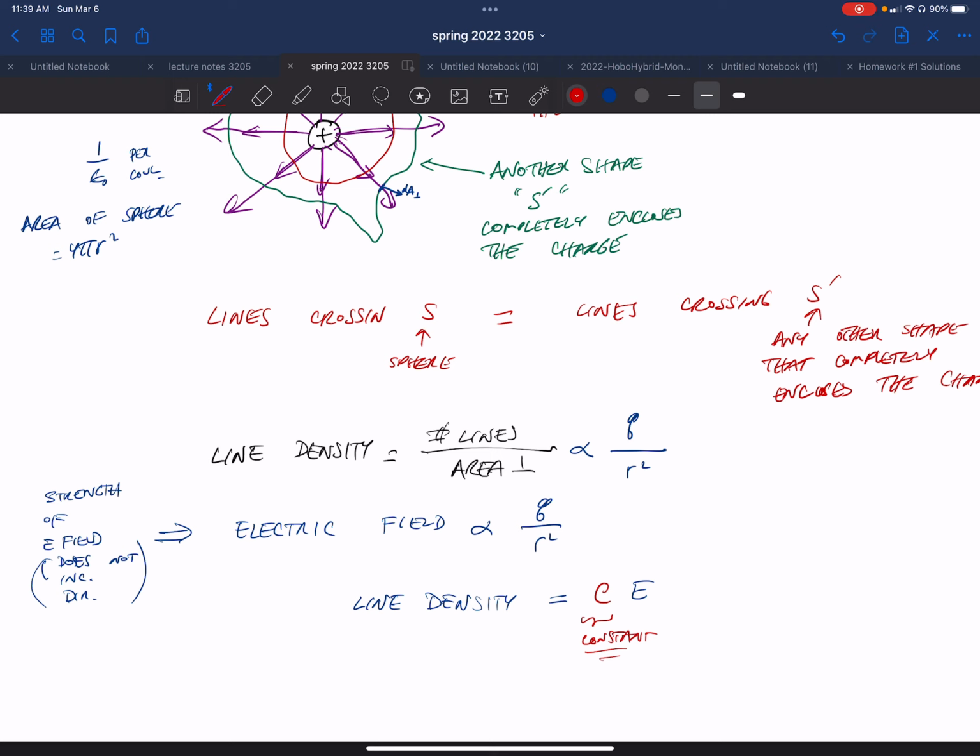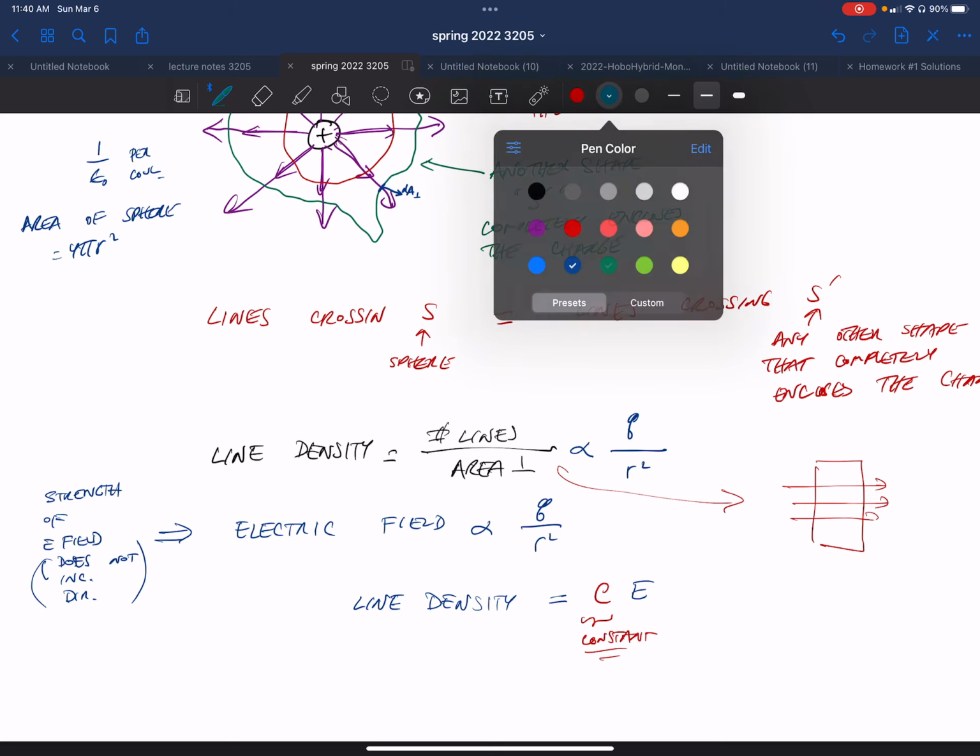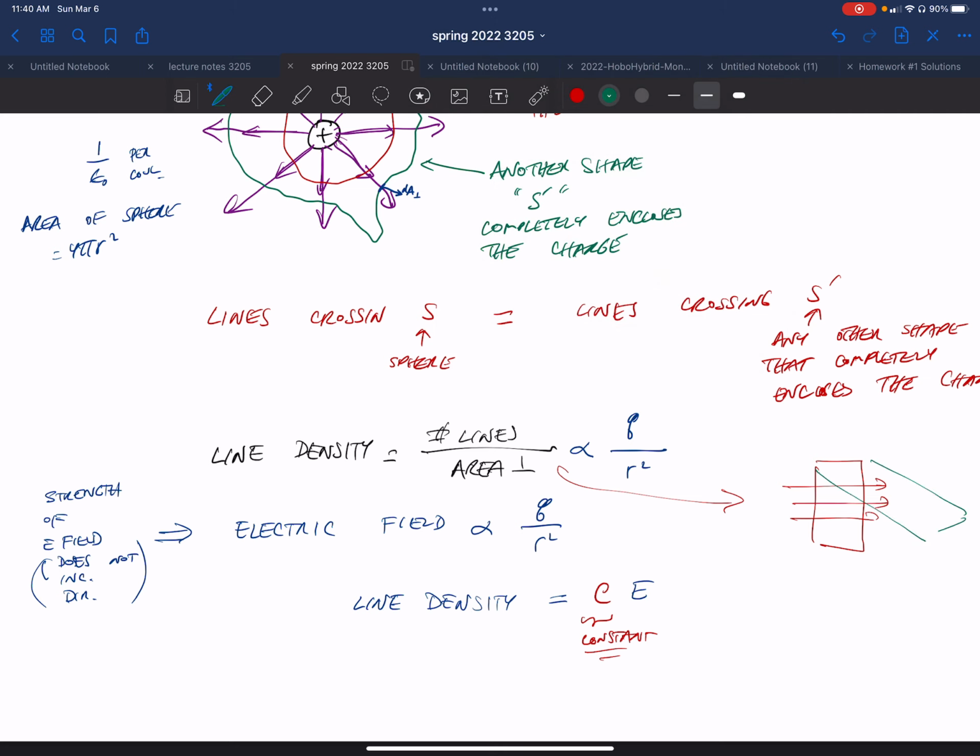Now another thing I'd like to say again is that we had this analogy: if you had a plane perpendicular to the flow versus a plane that was not perpendicular to the flow and was much larger, we wanted to make sure that the number of lines crossed is the same, although this area is bigger.